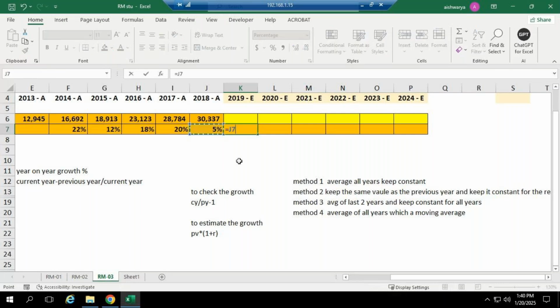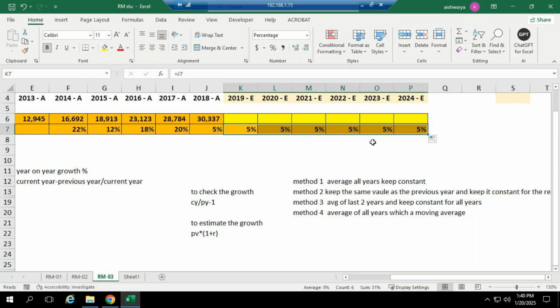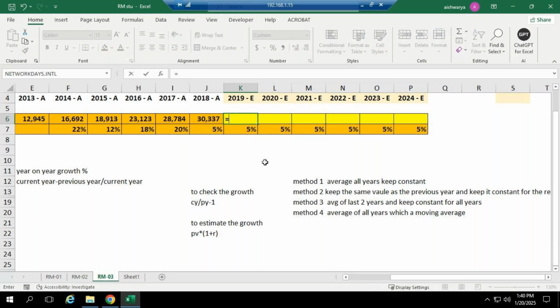So what is the sales? That is 5% year on year growth. Now press enter. Again you have to drag it. For everything you will be getting here 5% only. Now again how to calculate: is equal to 30,337 into, open the bracket, 1 plus this 5%, then close the bracket and press enter.